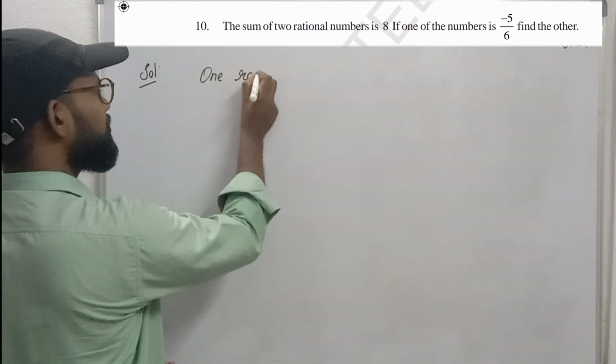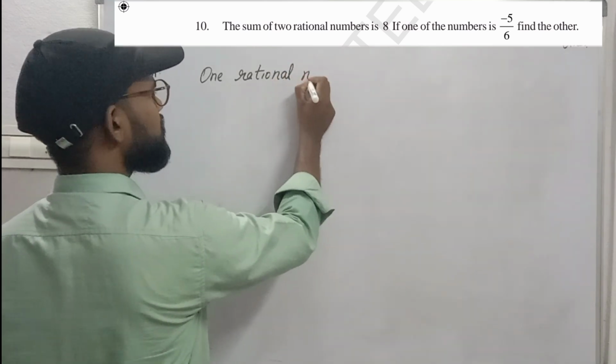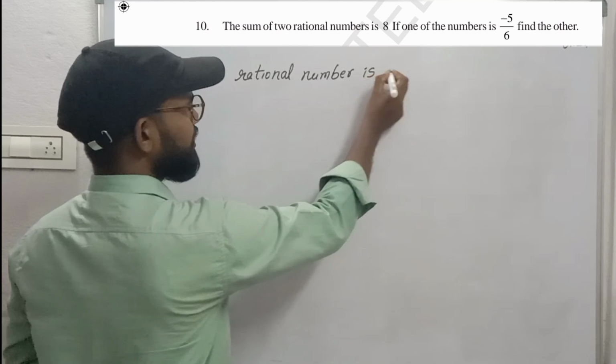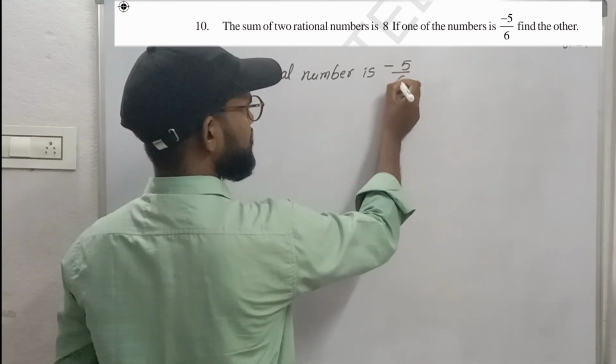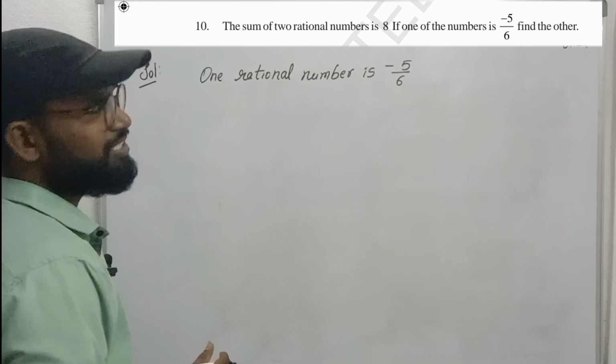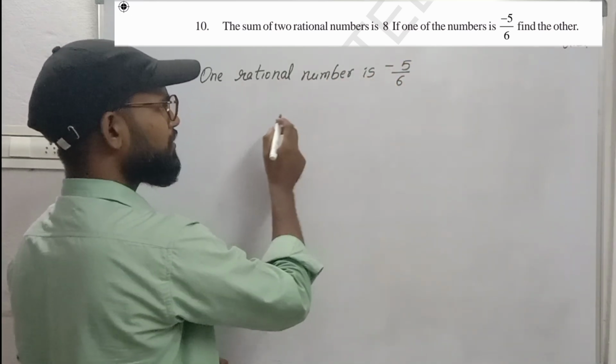One rational number is minus 5 by 6. So the sum of the two rational numbers is 8. So one rational number is minus 5 by 6.